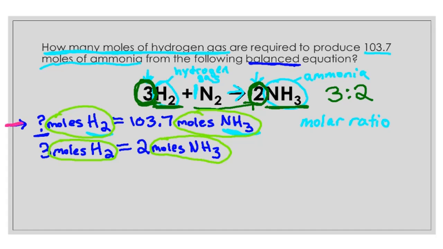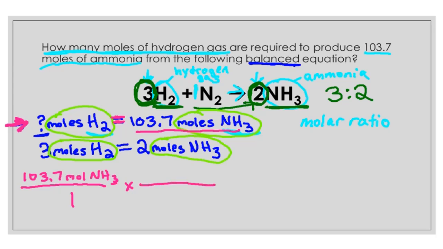So now we can set up our dimensional analysis and solve. Of course we're going to start with the question mark statement, and we're going to start on the other side of the equal sign with what we know, which is 103.7 moles of ammonia over 1, and then multiply in a fraction bar.